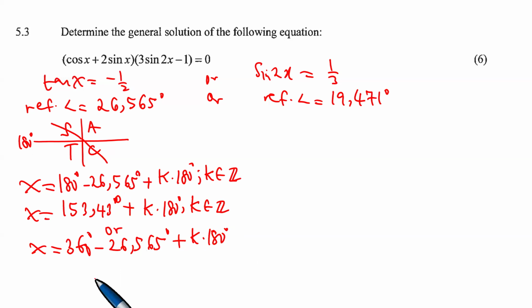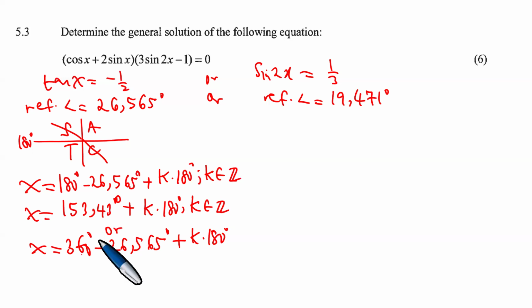In particular, if you do this, let me just check what this gives us. For example, if you say 360 minus 26.565, right, I'm trying to check what we're getting here. So we're getting 333.43.